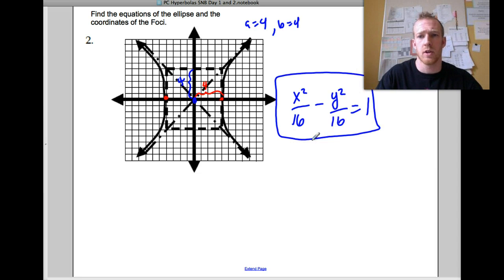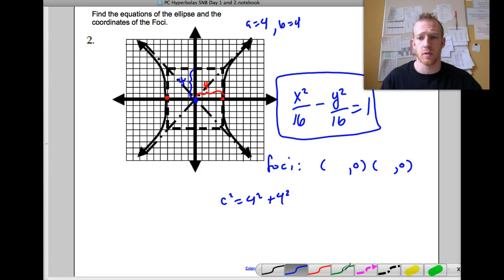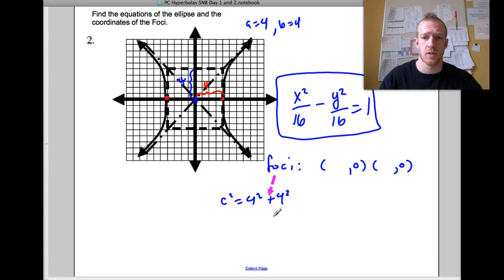There's our equation. And the foci are going to be along the x-axis. So it's going to be something, 0 and something, 0. And we know that c squared equals 4 squared plus 4 squared. For hyperbolas, this is a plus, notice, okay? This is a plus for hyperbolas. If it was an ellipse, this would be a minus.